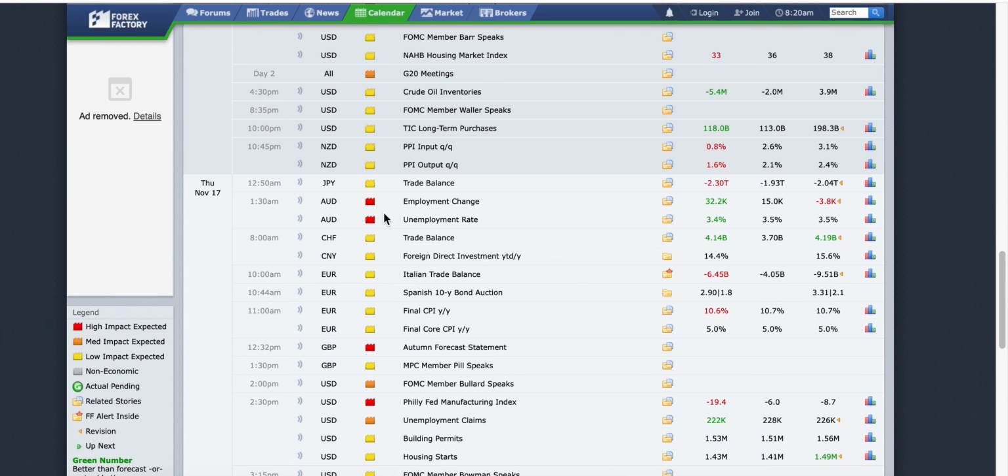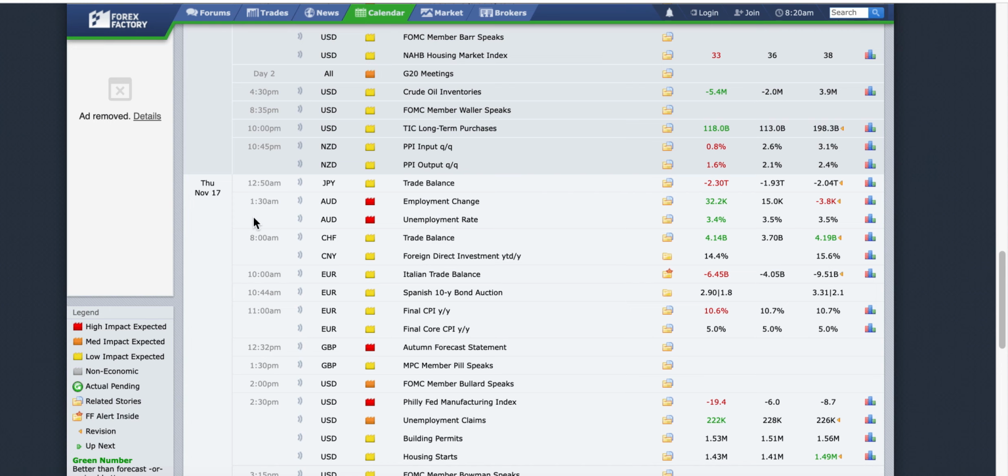So we saw the impact in the market, which makes the US dollar rally at the end of the week. We had a ranging market from Tuesday, Wednesday, then Thursday, Friday. We saw a big rally in the US dollar.